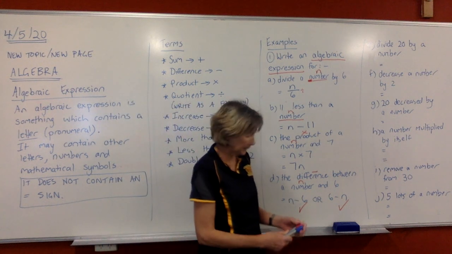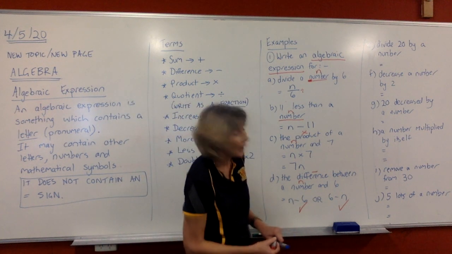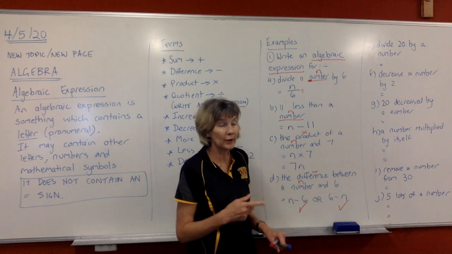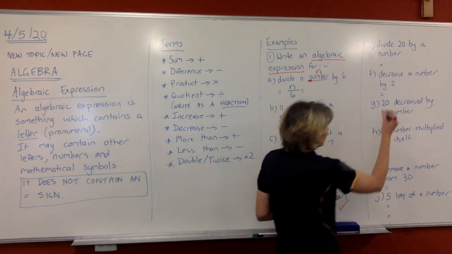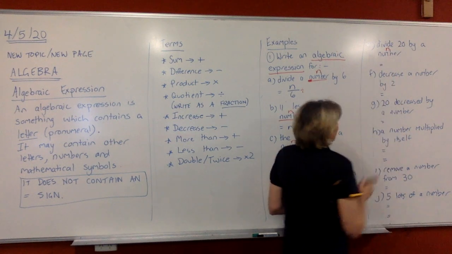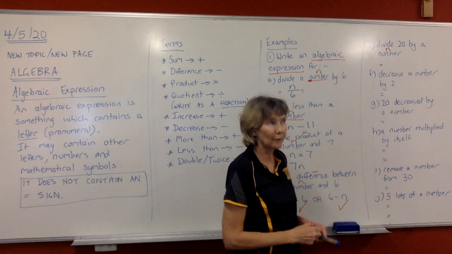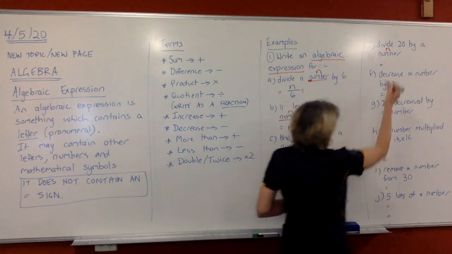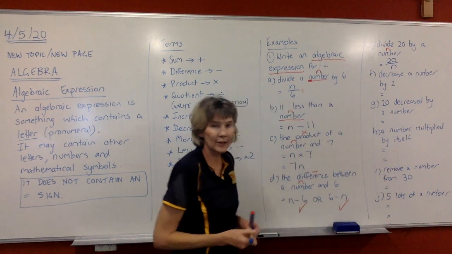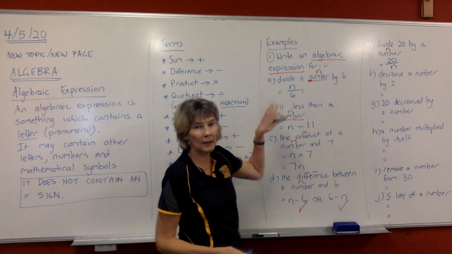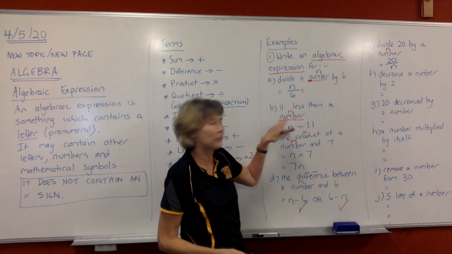Okay, in E, it tells us that we're dividing, which just means we're using a fraction bar for divide. 20 by the number which we're using is n. So it's 20 divided by n, which is 20 over n. So it's different to this one here. So be careful which order things are in, otherwise you'll be wrong.